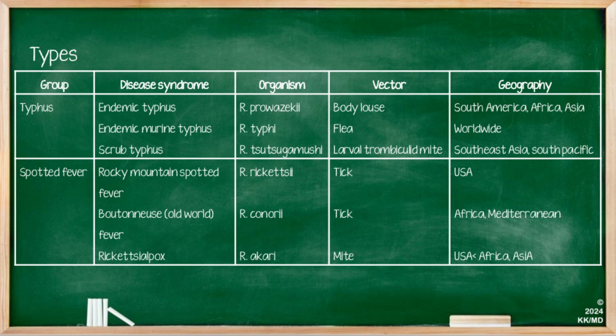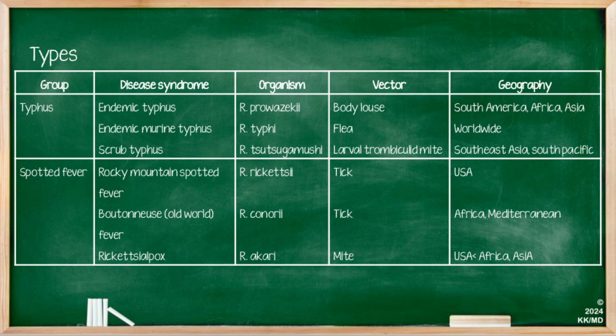The vector is the flea, and it can really be found anywhere in the world. The last group of typhus that you need to know about is scrub typhus. This is caused by Rickettsia tsutsugamushi, and the larval trombiculid mite is the vector. It is commonly found in Southeast Asia and the South Pacific.